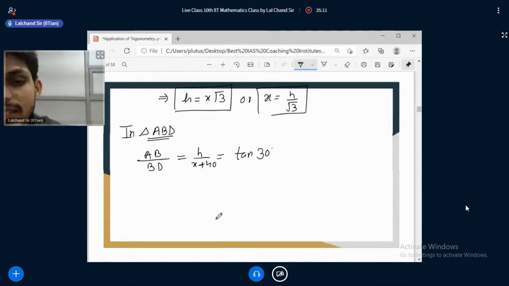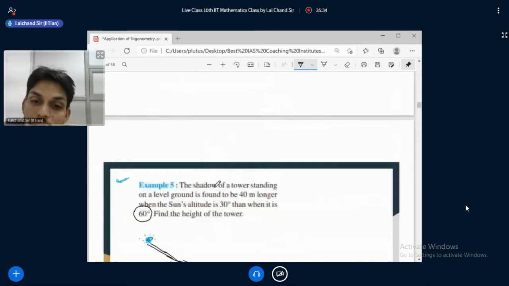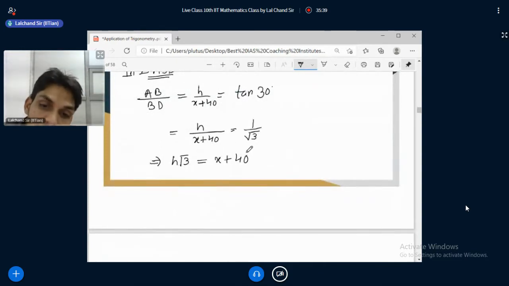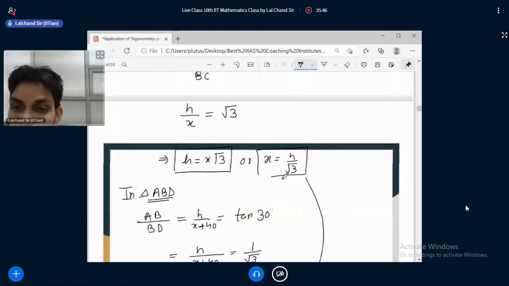Okay, now if we simplify this equation, then we have H upon X plus 40 equal to 1 by root 3. Okay, so we have H root 3 equal to X plus 40. Okay, and we need to calculate the H value. So for the H value, we must eliminate the value of X from this equation. So if we substitute the value of X from the given equation, what is the value of X?